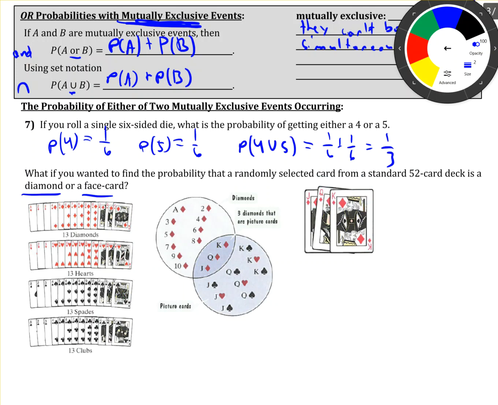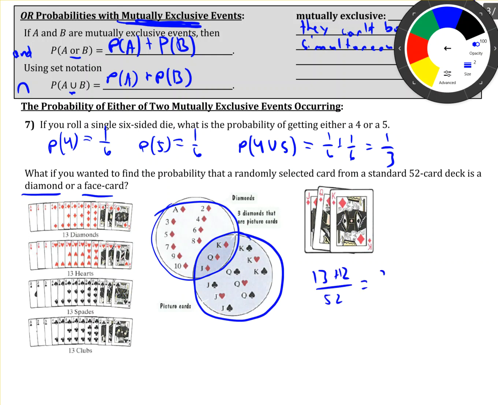So notice, if we were looking at the diamonds and we want to say, what's the probability it's a diamond or a face card? Well, there are 13 diamonds here. That's that circle right there. And there are 12 face cards. So you might say, well, 13 plus 12 out of 52 equals 25 out of 52. You'd think that might be our answer.